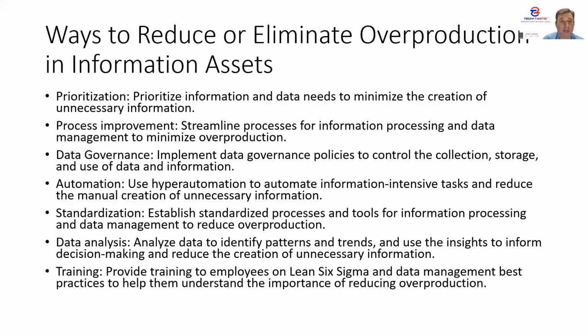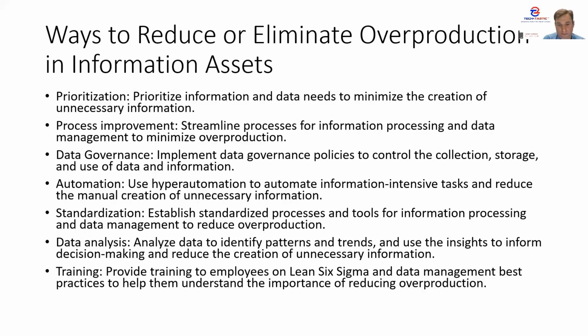Automation. We're going to use hyperautomation to automate information-intensive tasks and reduce the manual creation of unnecessary information. We're going to show you exactly what we're talking about in the case study, on how we managed to automate some of these information-intensive tasks, and we managed to remove several files from being created ever.